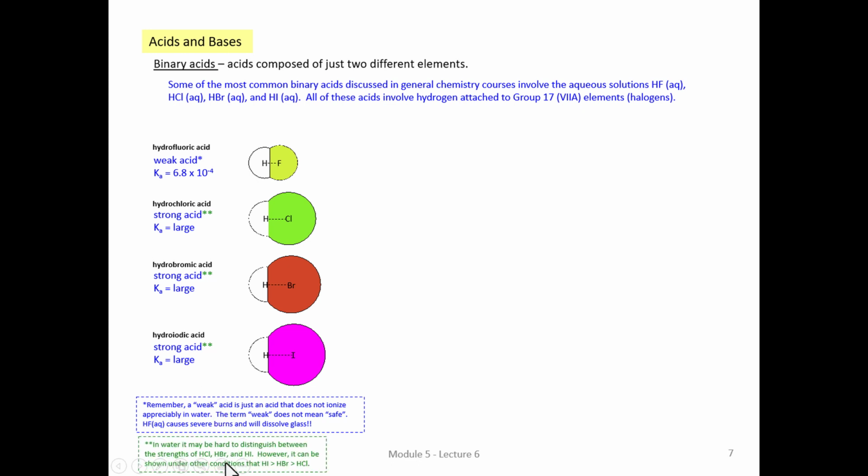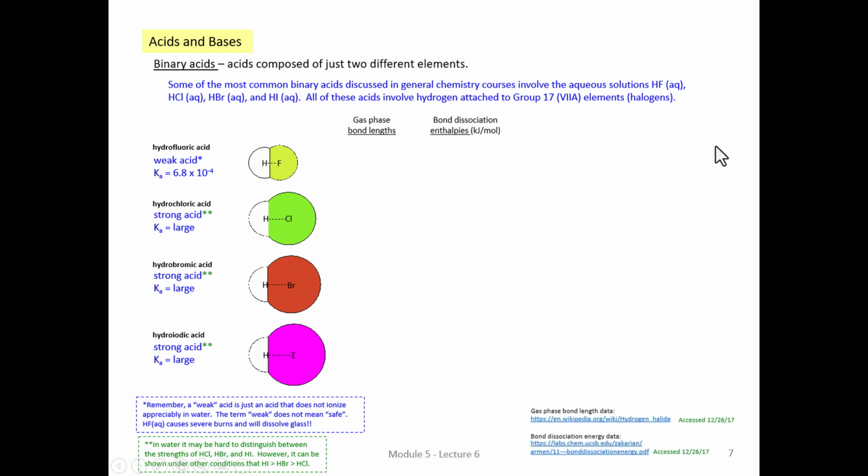Now in water, it may be hard to distinguish between the strength of hydrochloric, hydrobromic, and hydroiodic, because all of these would simply be leveled to the hydronium ion. However, it can be shown under other conditions, that is, in non-aqueous solutions, that HI is a stronger acid than HBr, and HBr is a stronger acid than HCl.